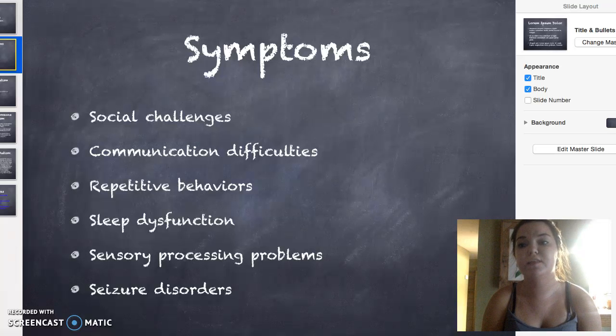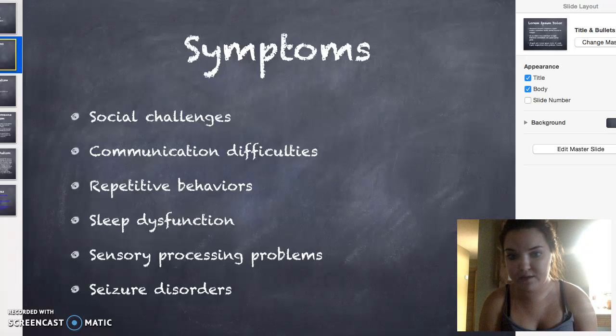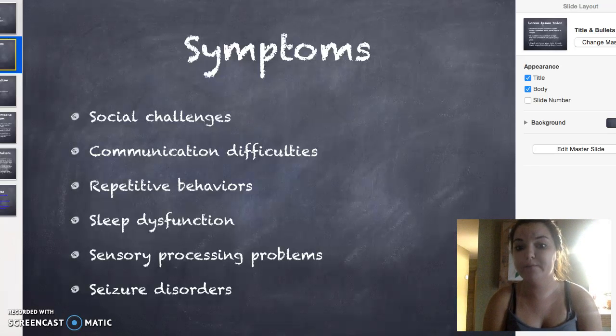Repetitive behaviors, they keep doing things over and over again to sometimes get attention. They have processing problems. Sometimes it takes longer for them to complete a task that people without autism could do in only 5 to 10 minutes. And sometimes they do have seizures.